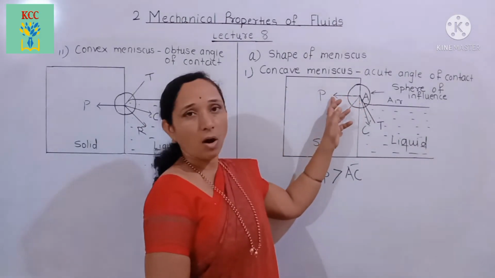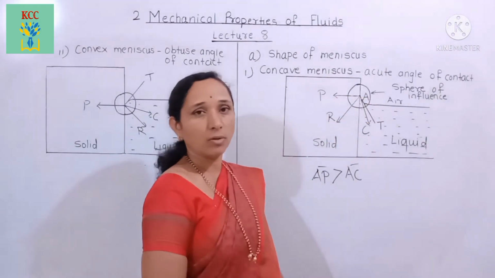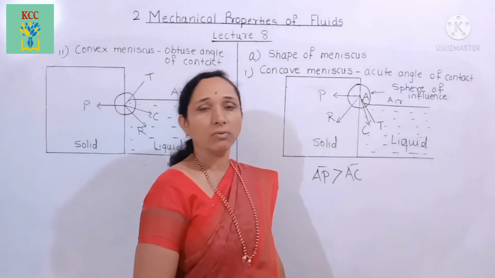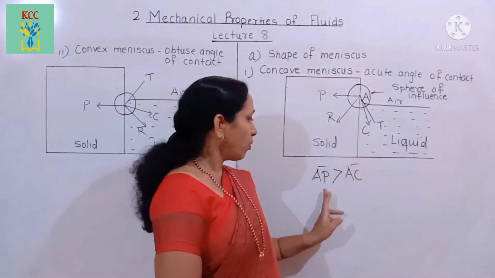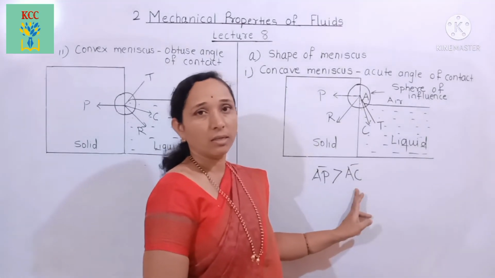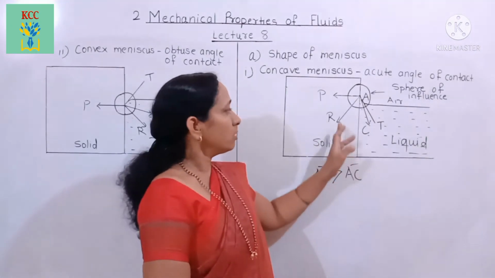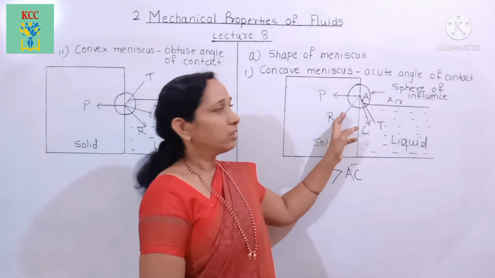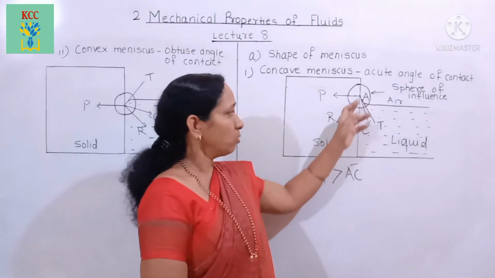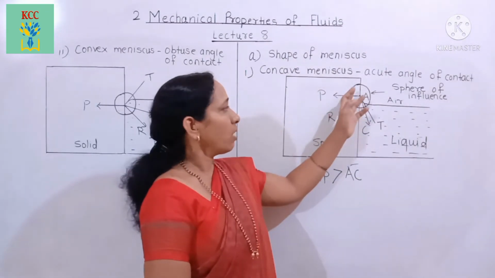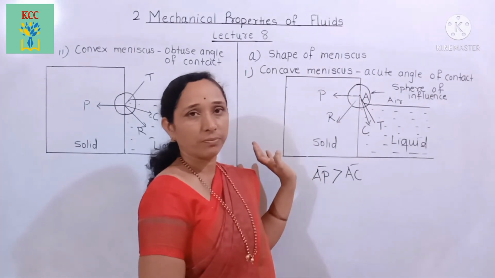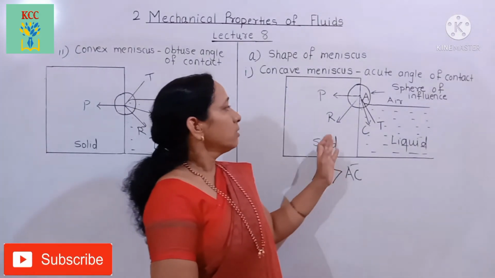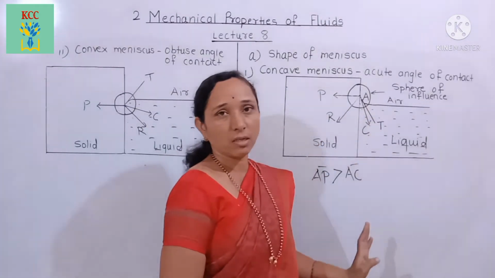Here larger molecules of glass are in contact with a molecule A, and less liquid molecule is in contact with a molecule A. Therefore, AP bar is greater than AC bar, and as a result, resultant force is directed along AR bar, that is into the solid. सॉलिड मॉलिक्यूल मध्ये काय होतं, हा फोर्स काय होतो, डायरेक्ट होतो, रिझल्टंट फोर्स. ड्यू टू this resultant force, it is made normal to the liquid surface.